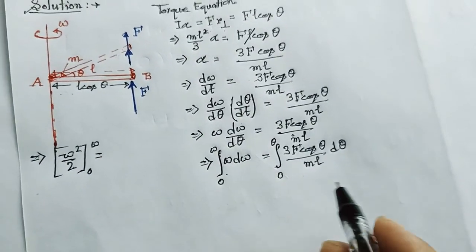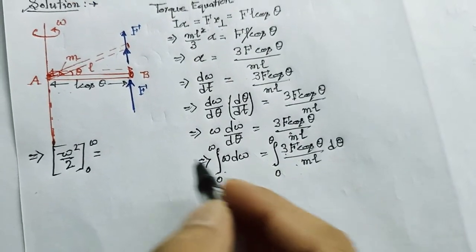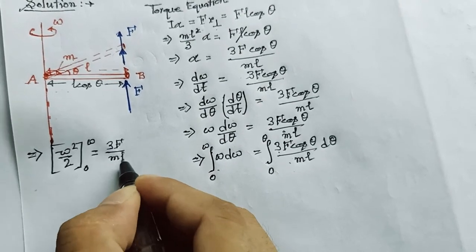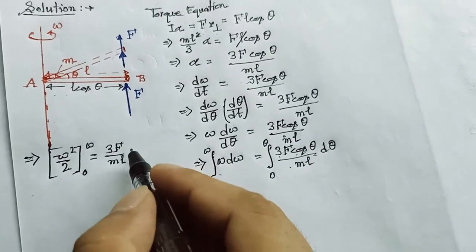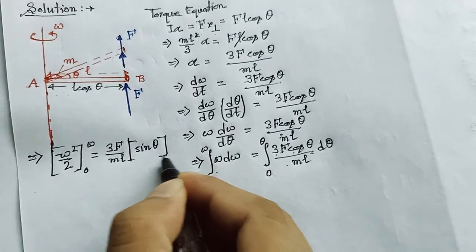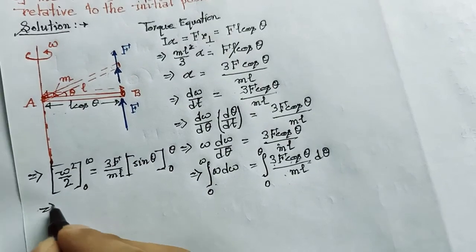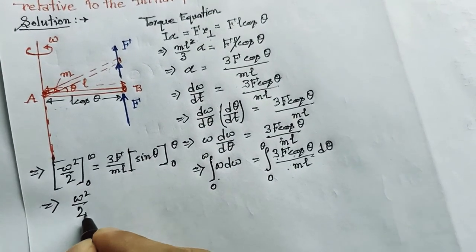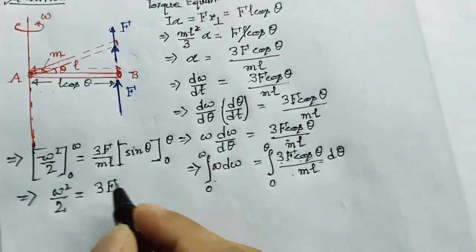On the right hand side, as we know, 3F divided by mL is constant, so we can write it outside, and the integration of cos theta d theta is sin theta, with limits of theta from 0 to theta. So omega squared divided by 2 minus 0, that is omega squared divided by 2, is equal to 3F sin theta divided by mL.